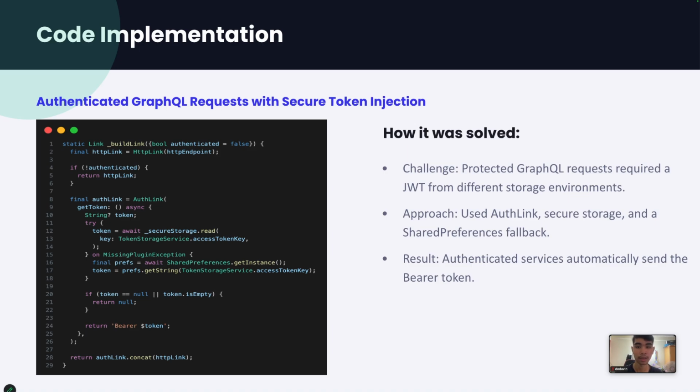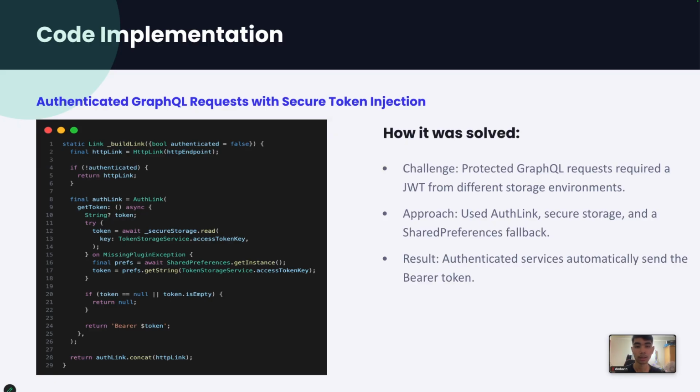I solved this by creating a reusable authenticated GraphQL link. When authentication is required, the auth link reads the access token from Flutter secure storage. On platforms where the secure storage plugin is unavailable, the code catches the missing plugin exception and falls back to SharedPreferences. The method also checks whether the token is null or empty.